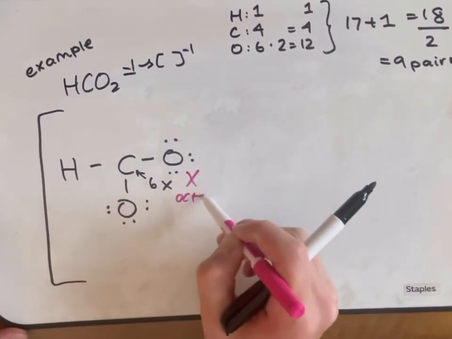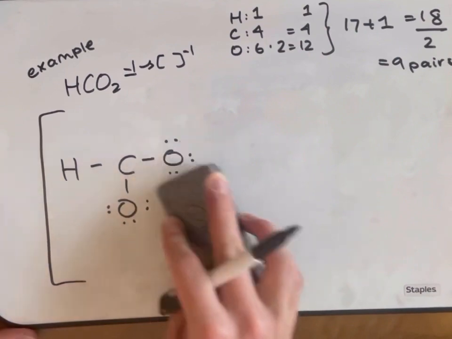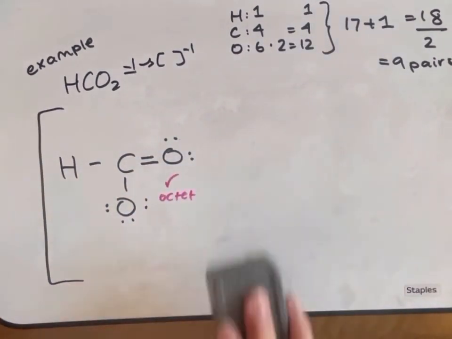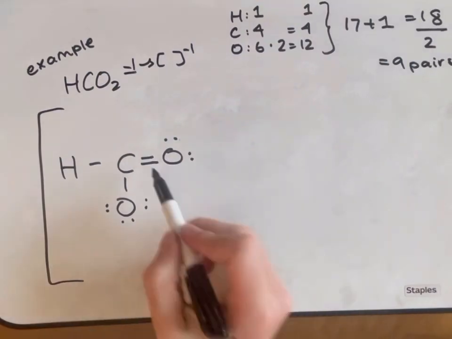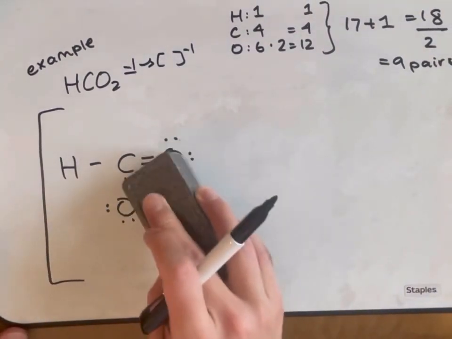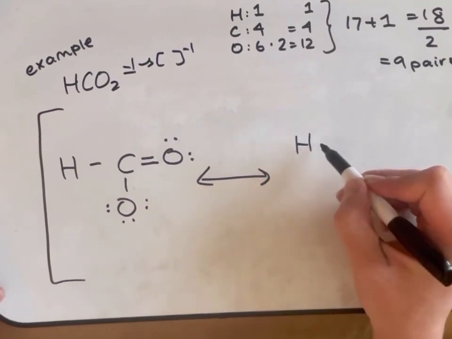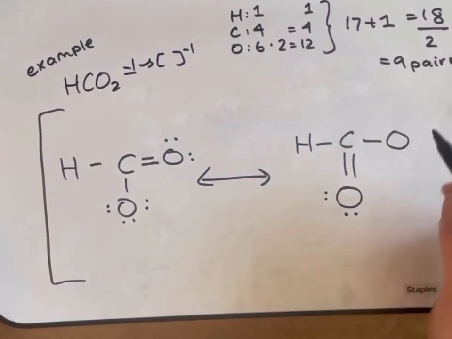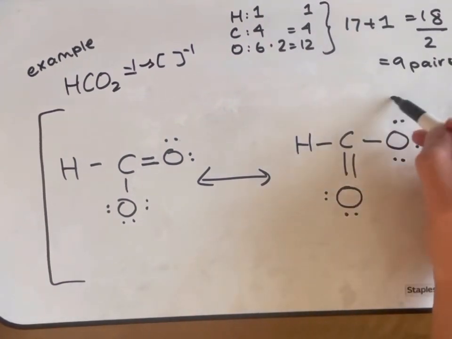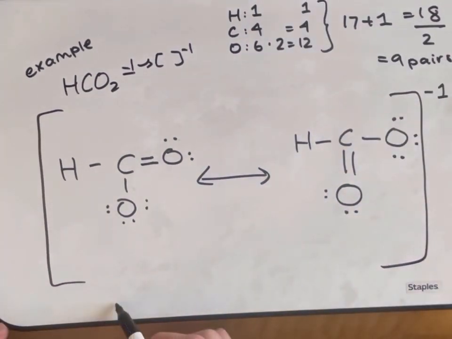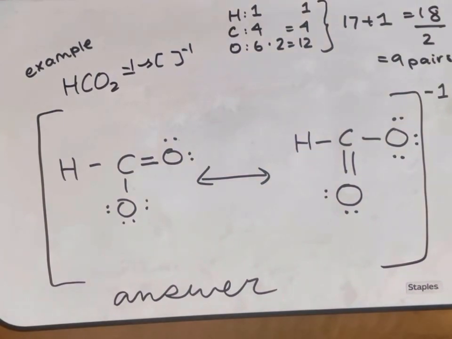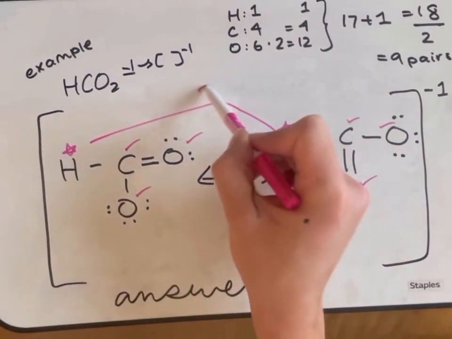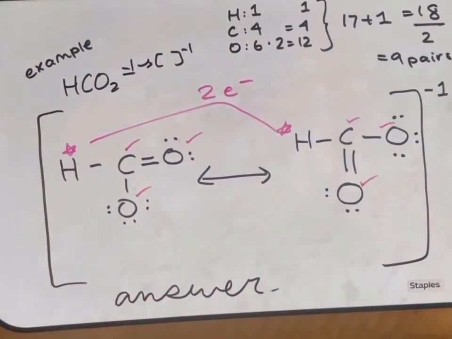And because C only has 6, it does not fill the octet. So we're going to have to put one of the lines to fill the octet. But one of the O's is left out. So now we have to do our other resonance structure. We're going to do the exact same thing, but the bottom O is going to have the 2 dots this time. And we're going to add the brackets and the charge. So this will be our answer. And as you can see, everything fills the octet rule, and H only needs 2, so we filled the octet rule.